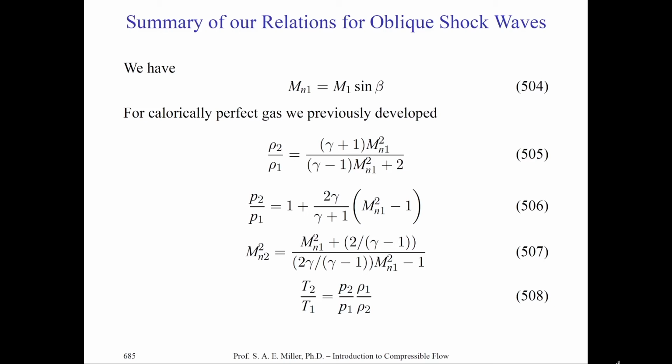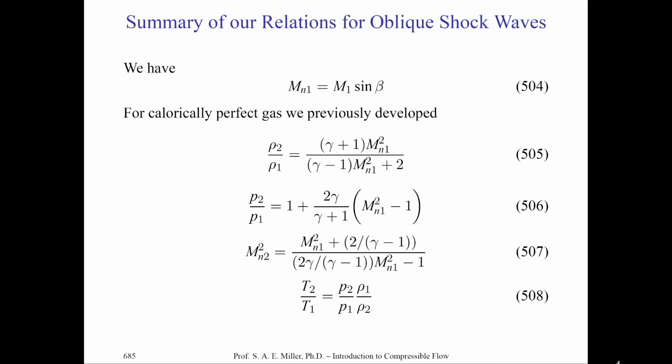You can see this is a beautiful equation because it corresponds to the standing normal shock wave theory, but it's dependent on the normal component of the Mach number. Mn2 is the Mach number after the shock wave, the vector component of M2 normal to the shock by angle beta.